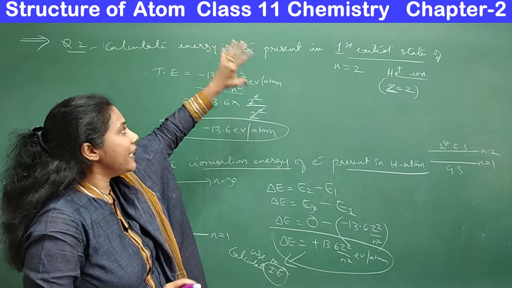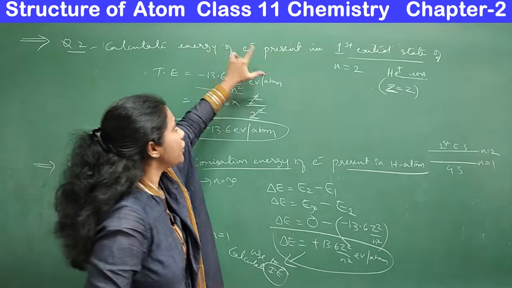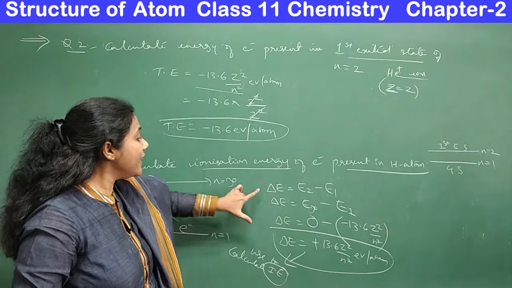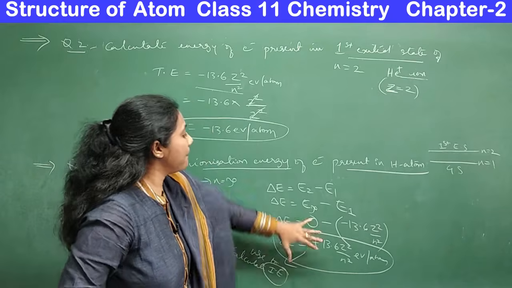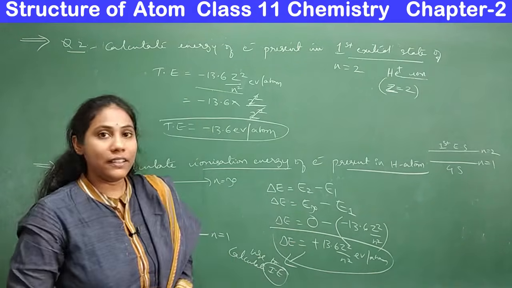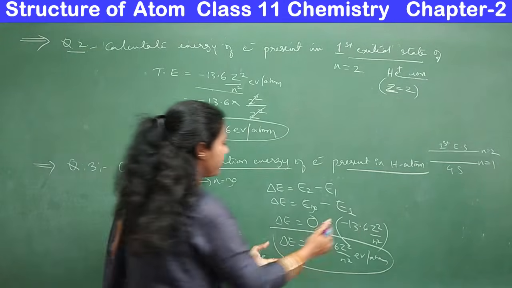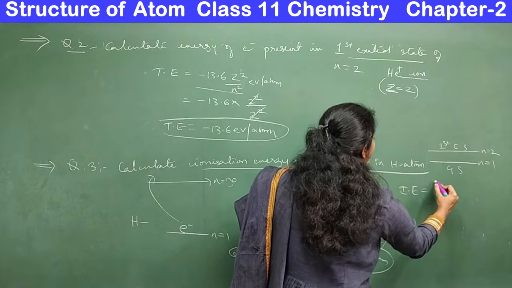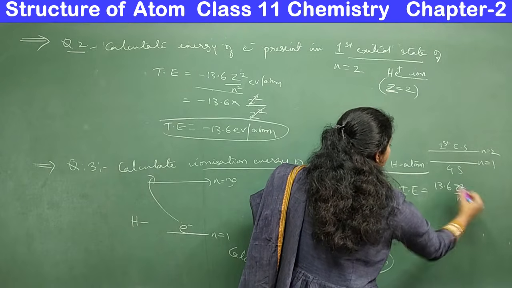To calculate the total energy of an electron present in a particular orbit, the formula has a minus sign. Whereas if you want to calculate ionization energy, it is the same formula with a plus sign. So ionization energy is equal to plus 13.6 Z square by n square.